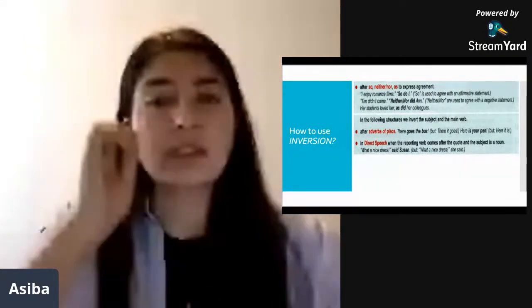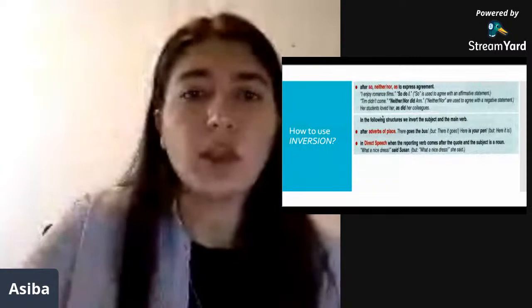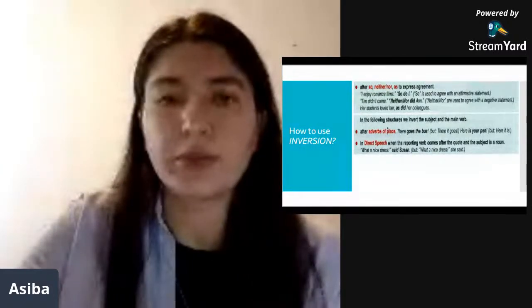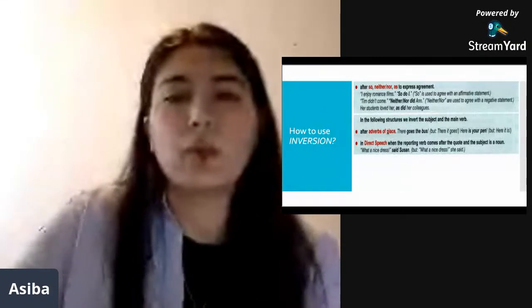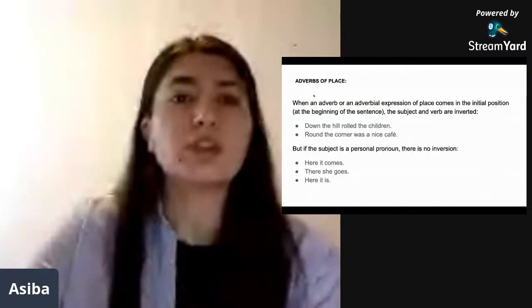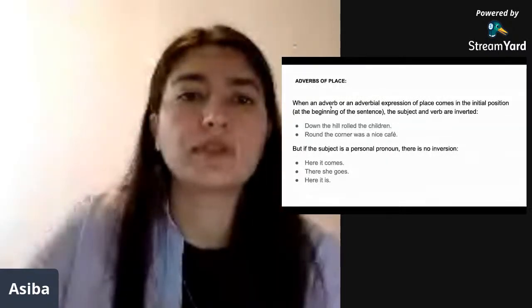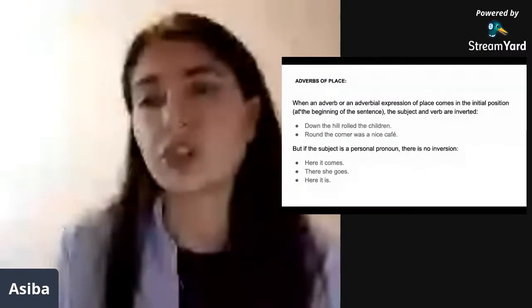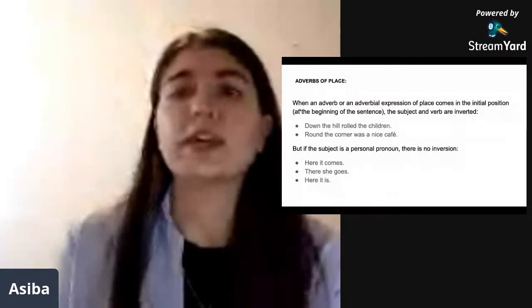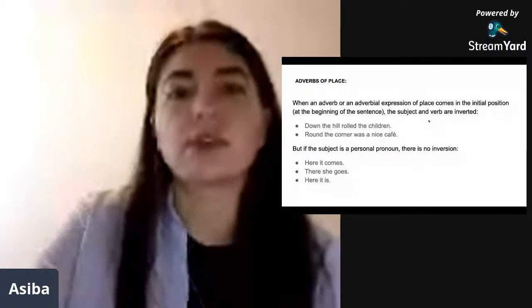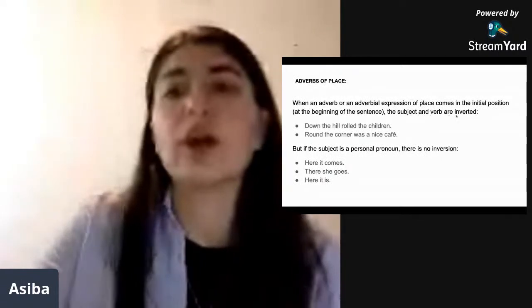And some more structures. There is inversion after adverbs of place, which we have examples of here. So, adverbs of place with inversion: it is an adverb or an adverbial expression of place that comes in the initial position, at the beginning of the sentence, so the subject and verb are inverted.